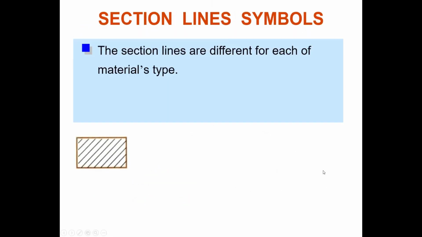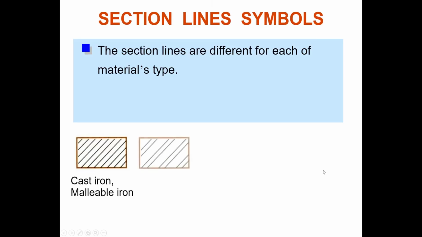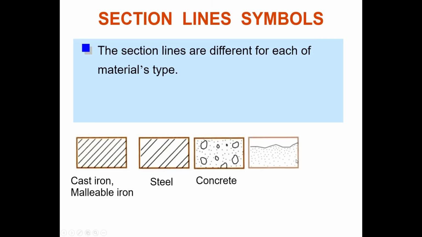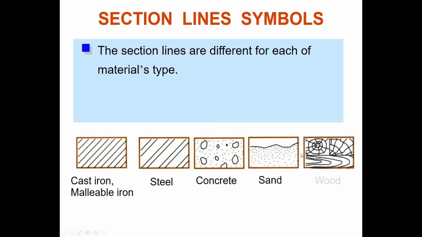Okay, these section lines are different for each section line symbol, because in engineering drawing, engineering parts and components are mainly metal, steel, like that. So when you do section lines, for example for cast iron, you can see the single line at an angle. For steel it is double, but actually we don't practice double for steel.